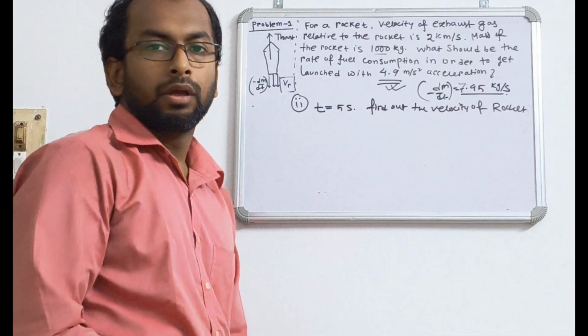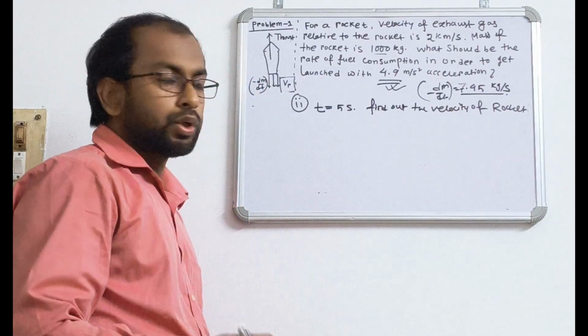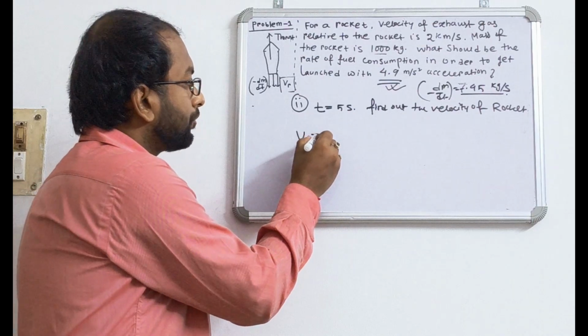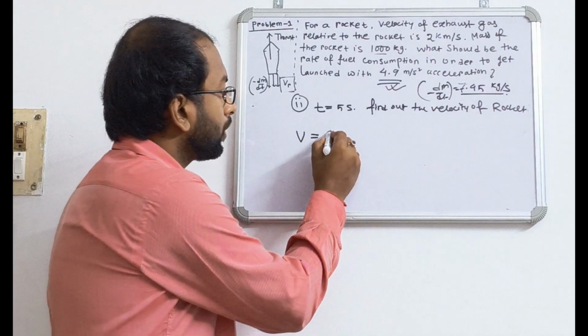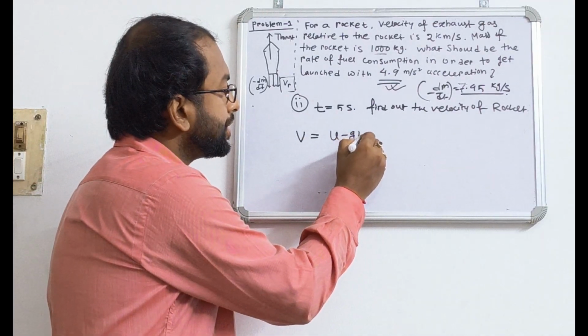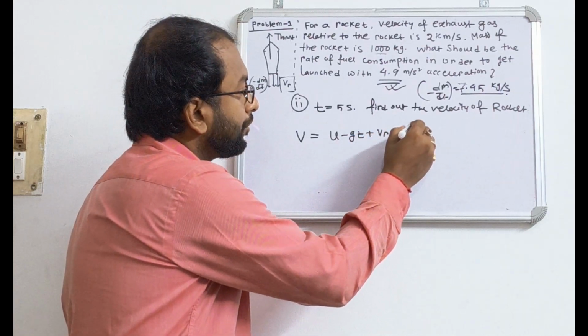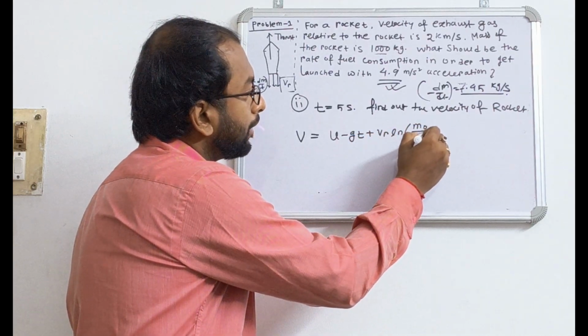From lecture number 2, you know the velocity as a function of time: V equals u minus gt plus Vr ln of m naught by m.